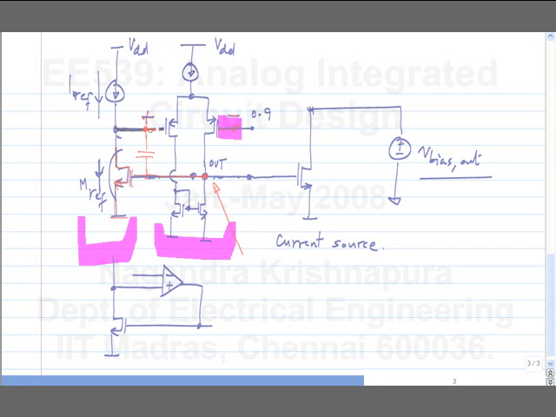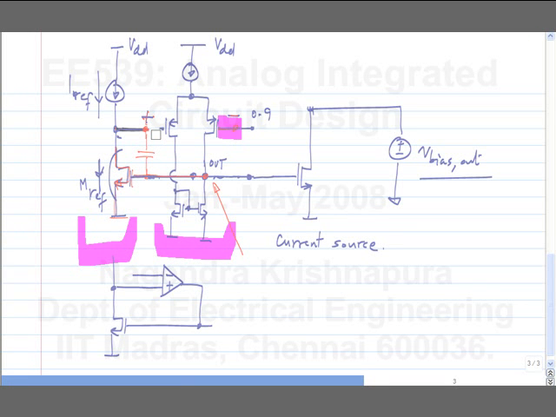It's as though this part is not there. So you have the diode connection for high frequencies and an additional gain for low frequencies. This is in general true of all compensation techniques. What compensation does is to bypass something for high frequencies.